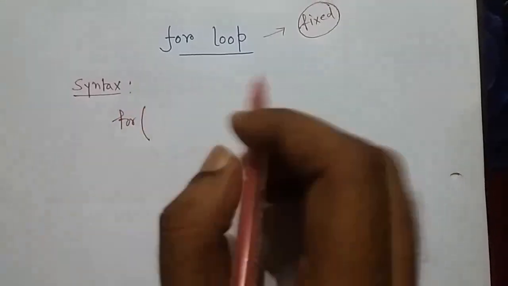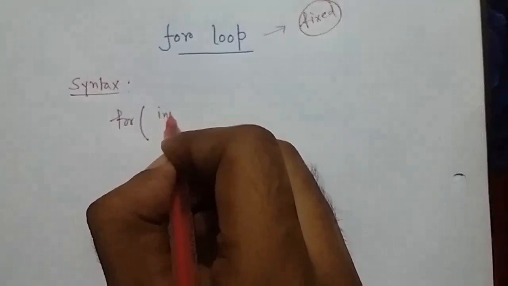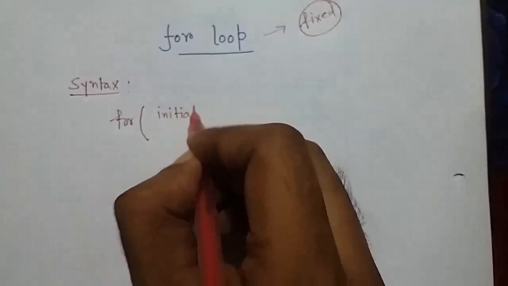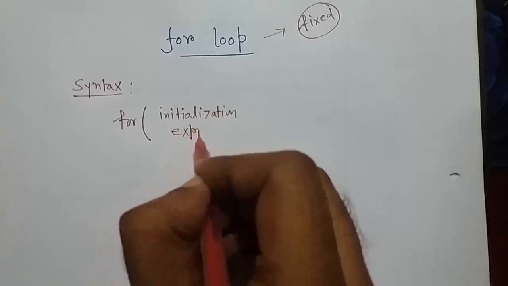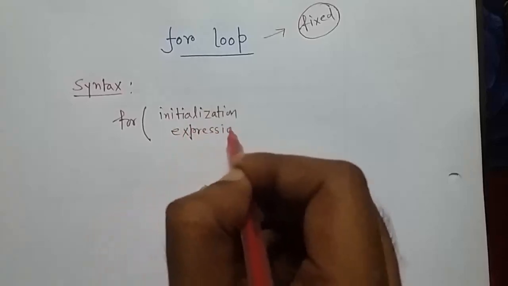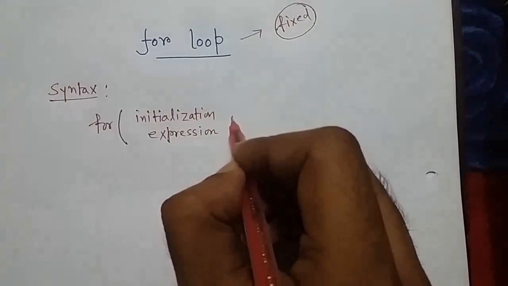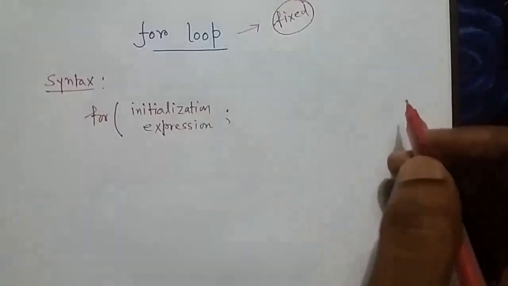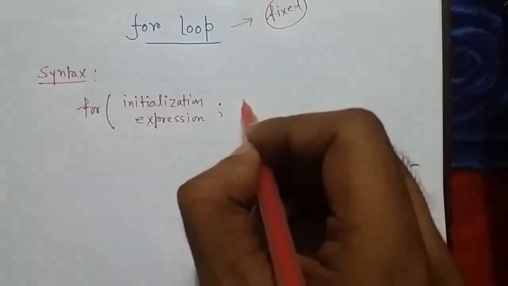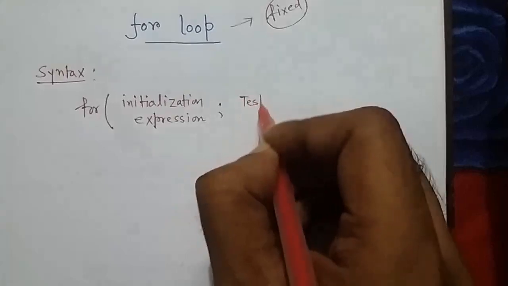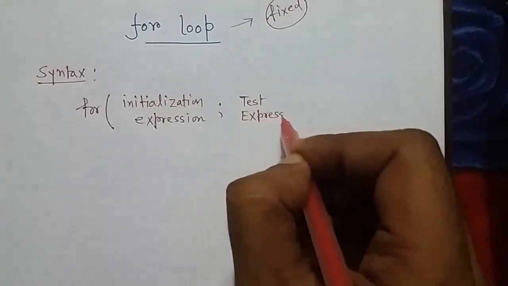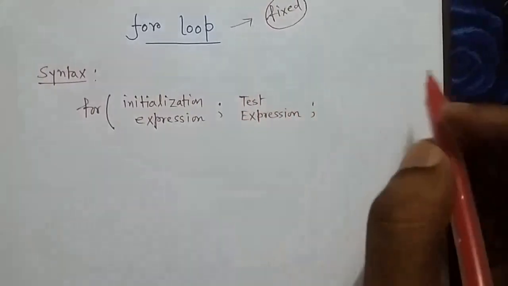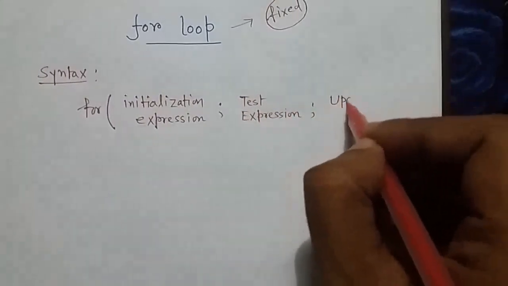For, then you have to write initialization expression, then a semicolon, then test expression, semicolon, update expression.